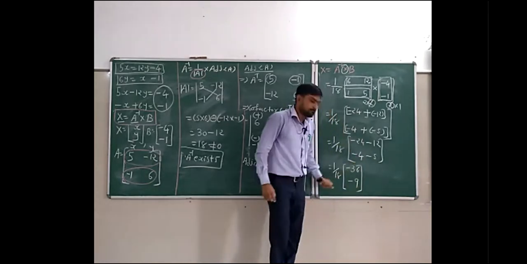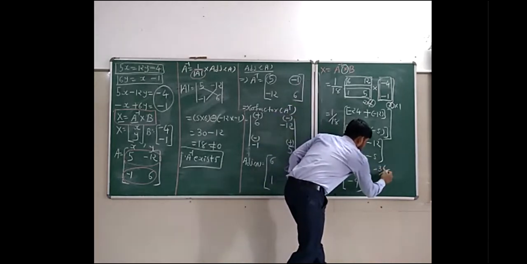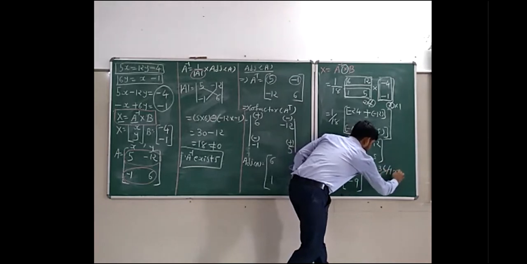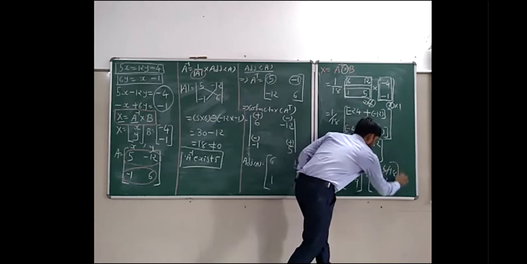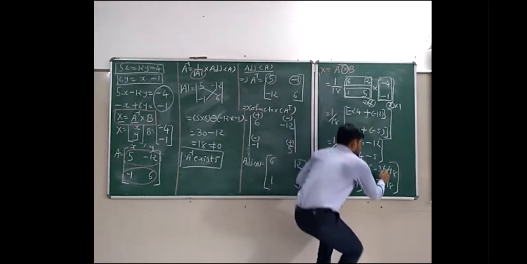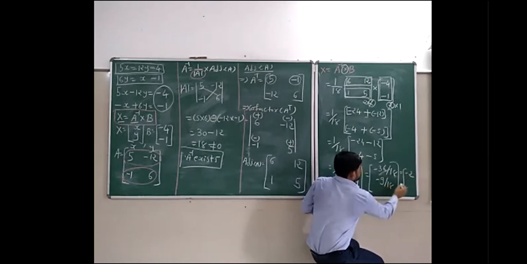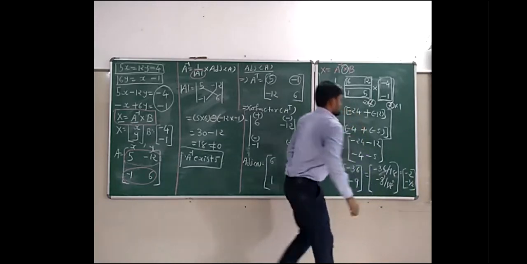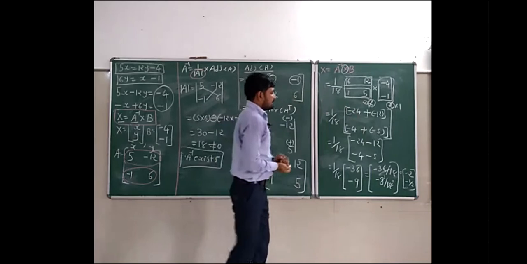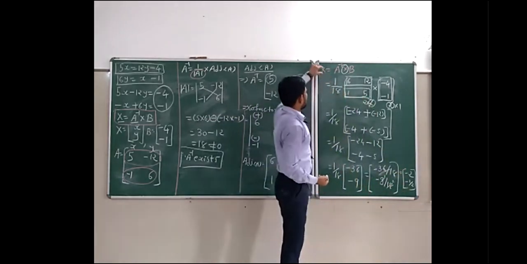Now divide both by 18. So minus 36 by 18, and minus 9 divided by 18. Here 36 divided by 18 is minus 2, and 9 ones are 9 and 9 twos are 18, so minus 1 upon 2. So now what is the meaning of minus 2 and minus 1 upon 2? This is the answer of x.